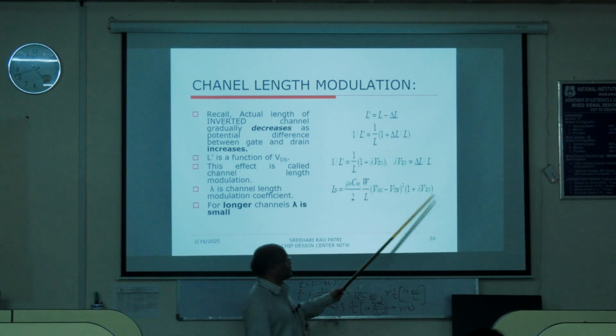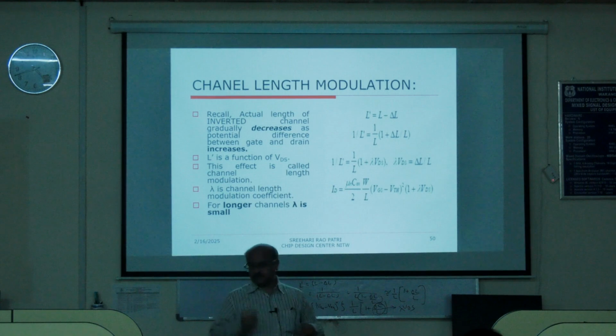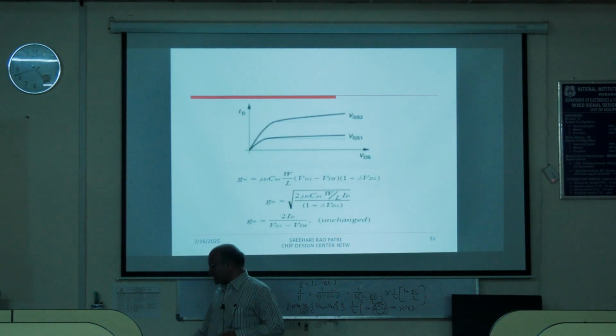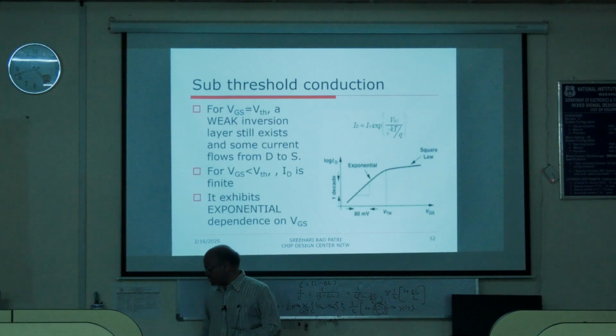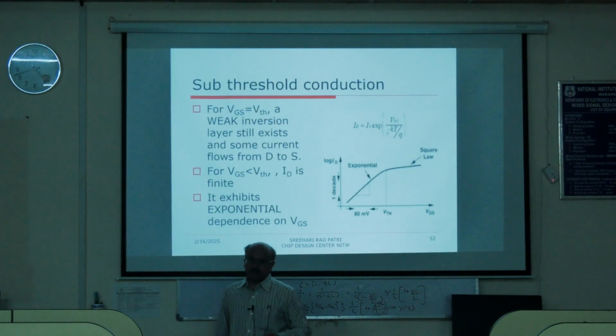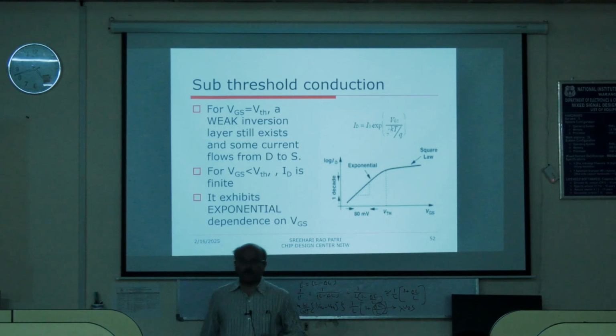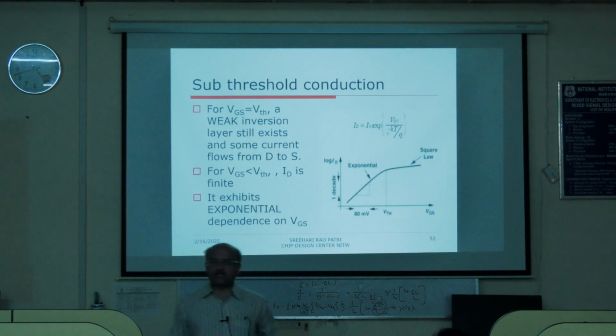This is called the channel length modulation coefficient lambda. Similarly, once you know that current, again you do dou ID by dou VGS and evaluate the gm accordingly.